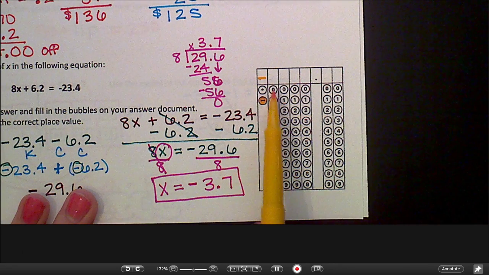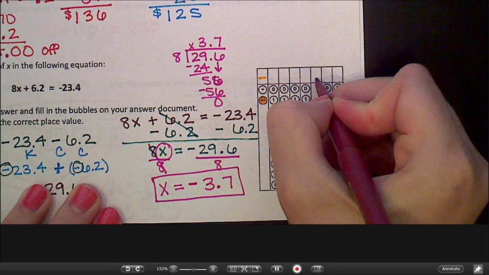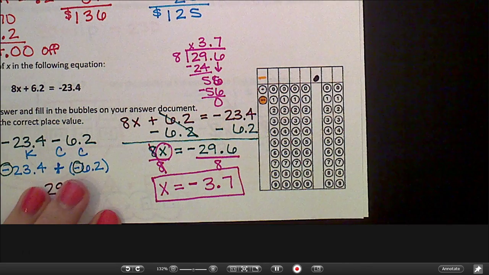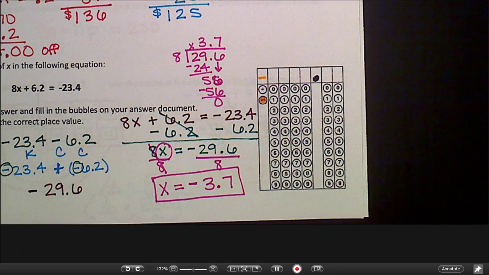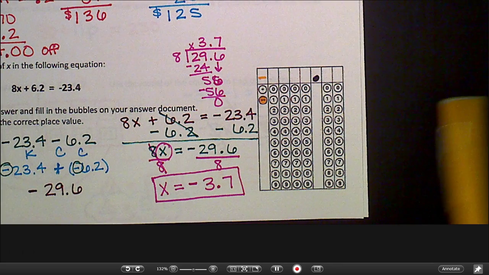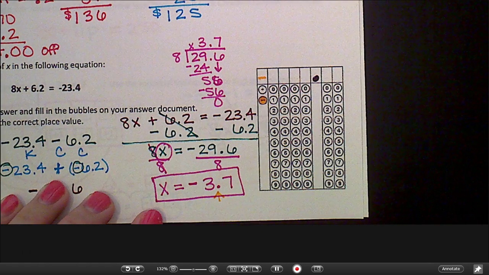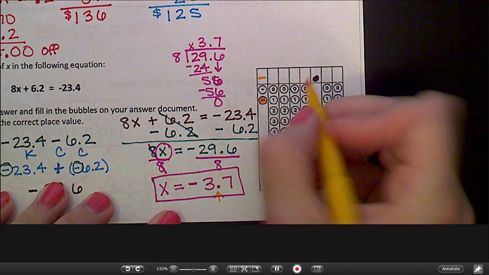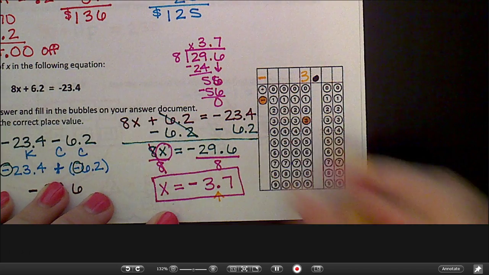3.7. Well, I can't just start right here next to the negative sign. I have to pay special attention to this decimal point right here. That's where everything needs to be focused. So here I have a decimal point. Right before the decimal point I have a 3. Let's bubble that 3.